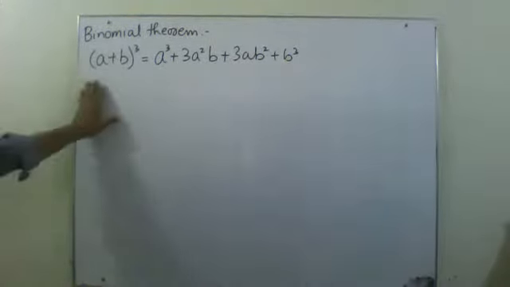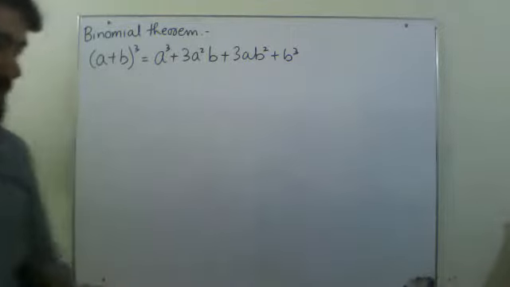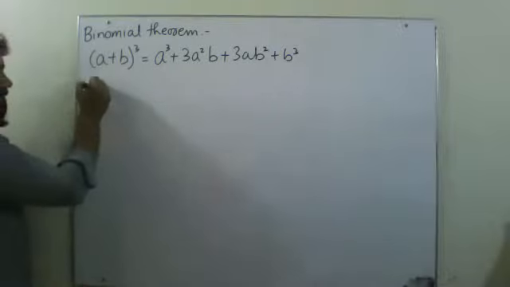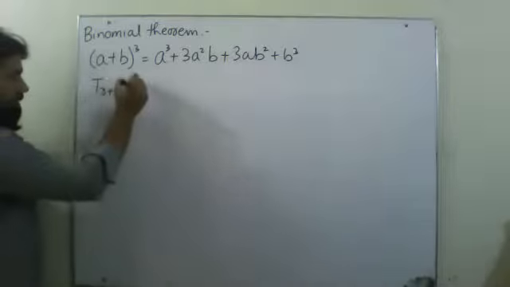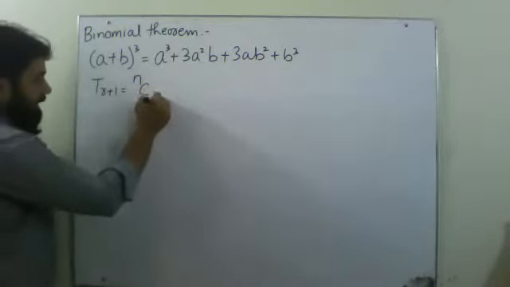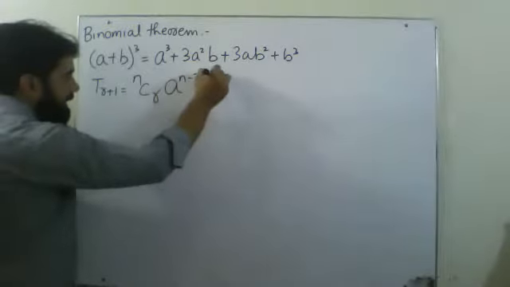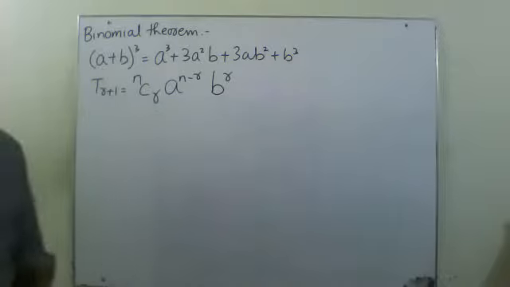So now, with the help of this example, I am going to write a general formula over here. What is that general formula? The general formula of the binomial theorem is T(r+1) equals nCr a to the power n minus r and b to the power r. This is my general formula.